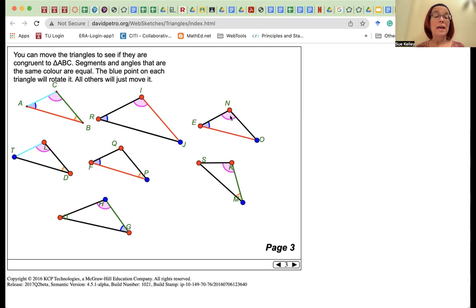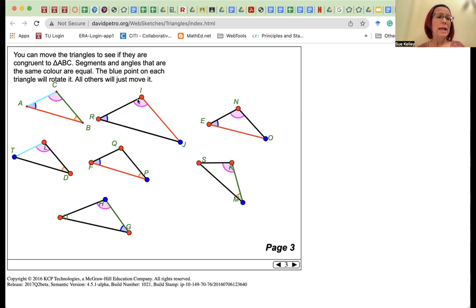We have an angle that corresponds to angle C, an angle that corresponds to angle A, and then a side that corresponds to AB. So this one would be angle, angle, side, and it would be congruent, if I try to match it up. Now, how is that different from this one?